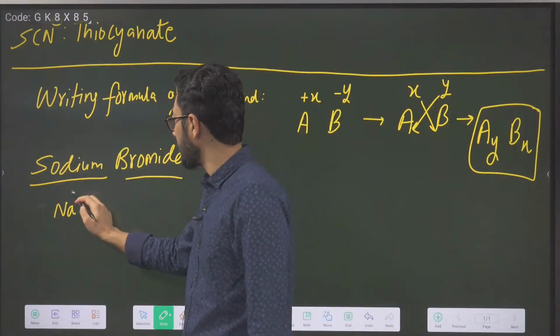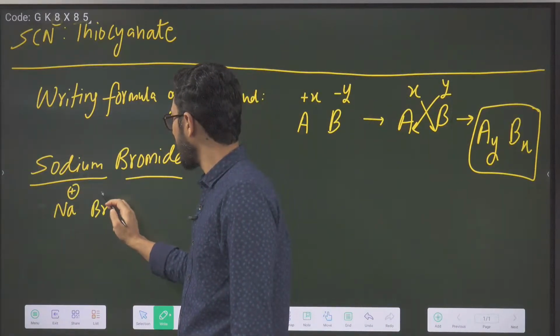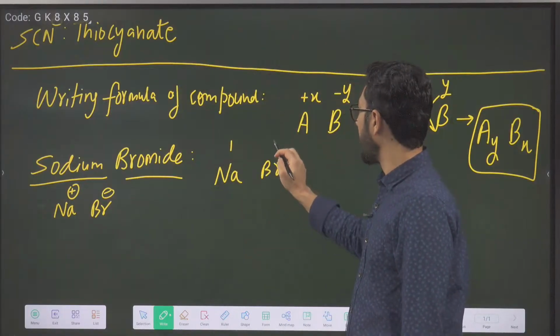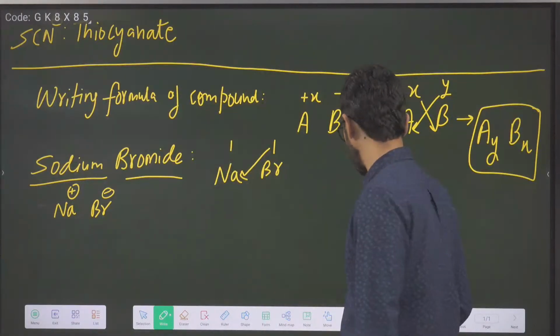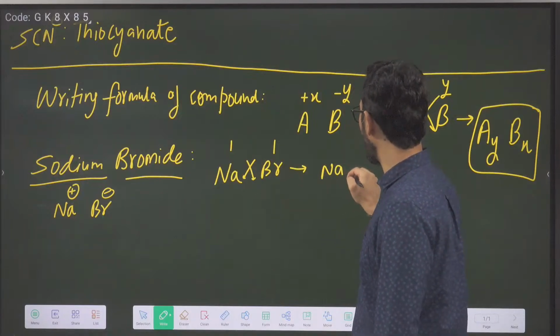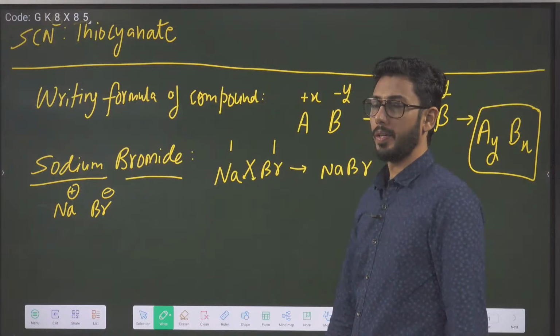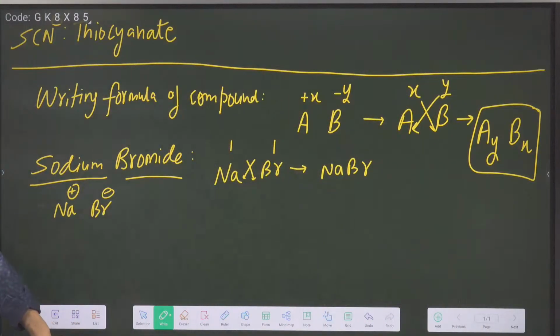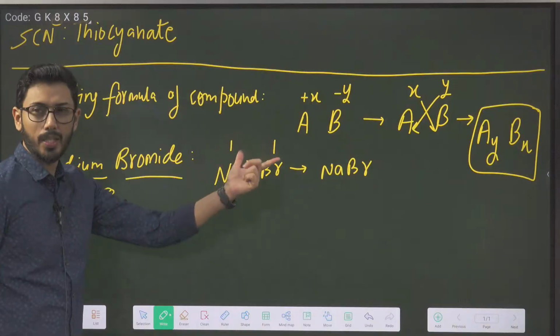Na plus, and here Br minus. Above Na 1, above Br 1. Crisscross method. This becomes the formula NaBr. Getting it? Whatever is the charge given of cation and anion, mention it as net charge above and cross multiply it.